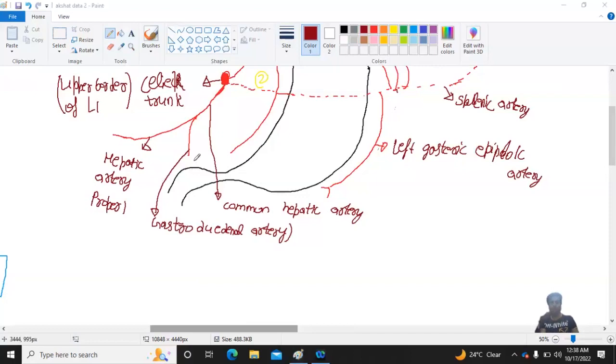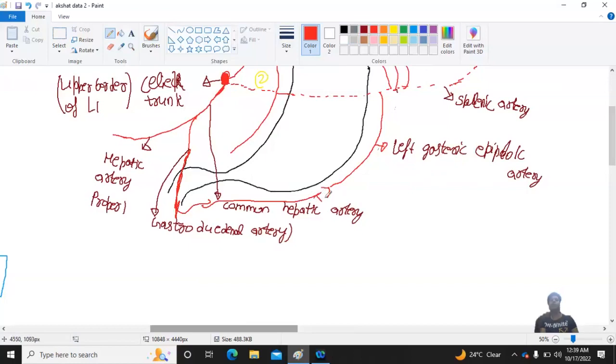Now, this is the gastroduodenal artery. It descends like this and gives a branch to cover the greater curvature of the stomach.